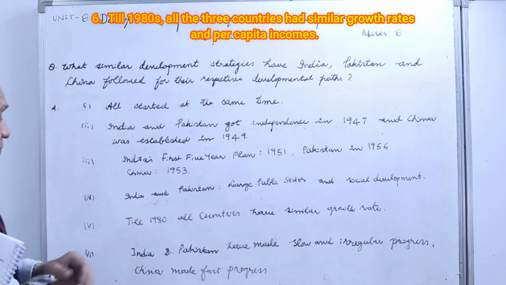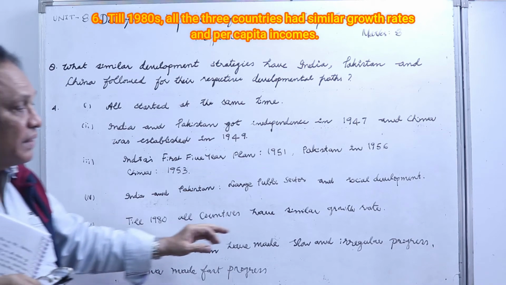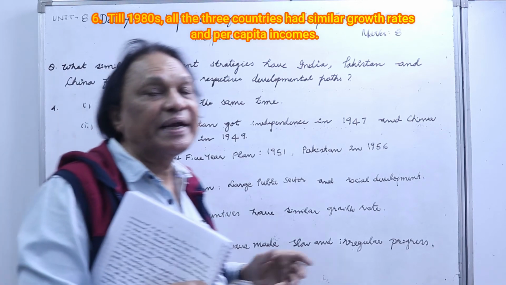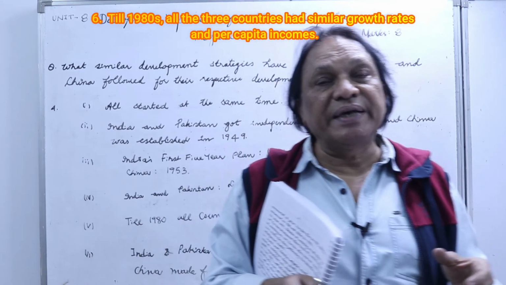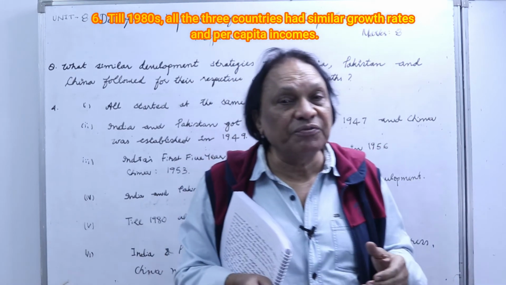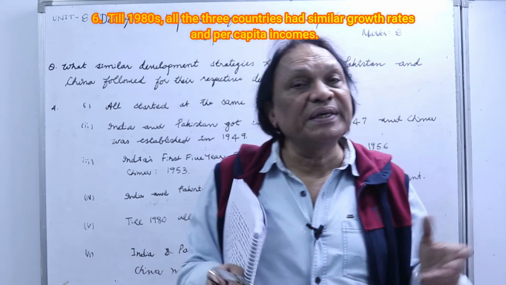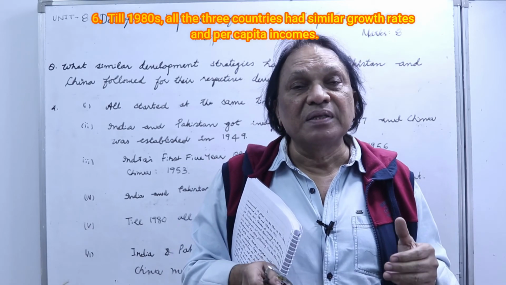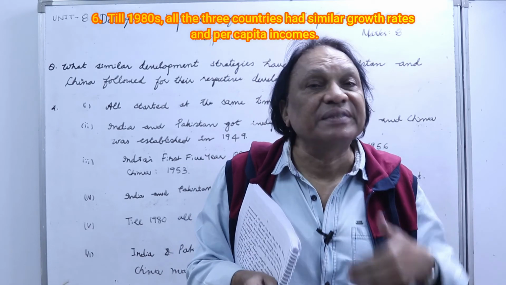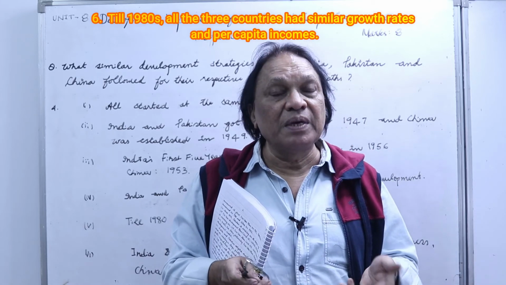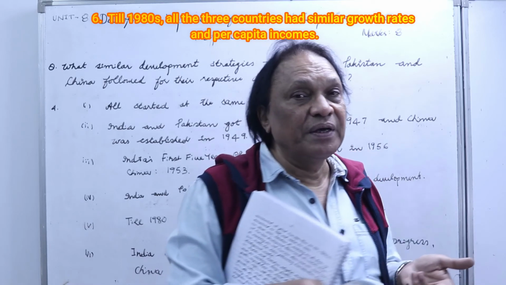Till 1980, all countries had a similar growth rate. They started in 1947 and 1948, but all these three countries had the same growth rate, same per capita income and same GDP.